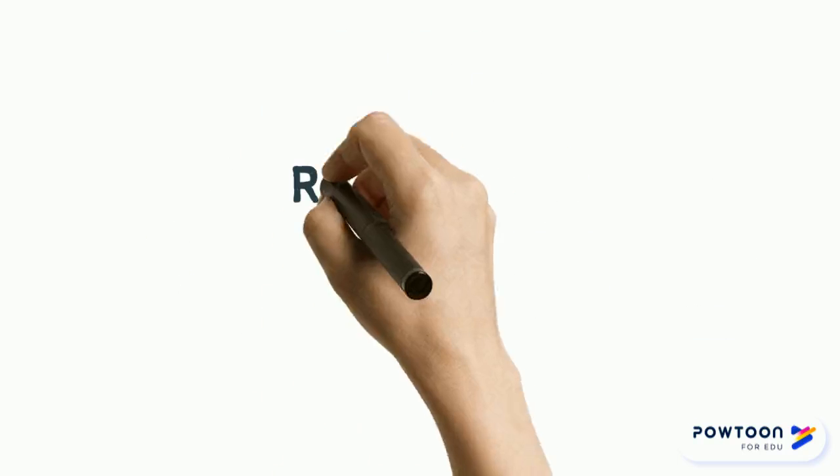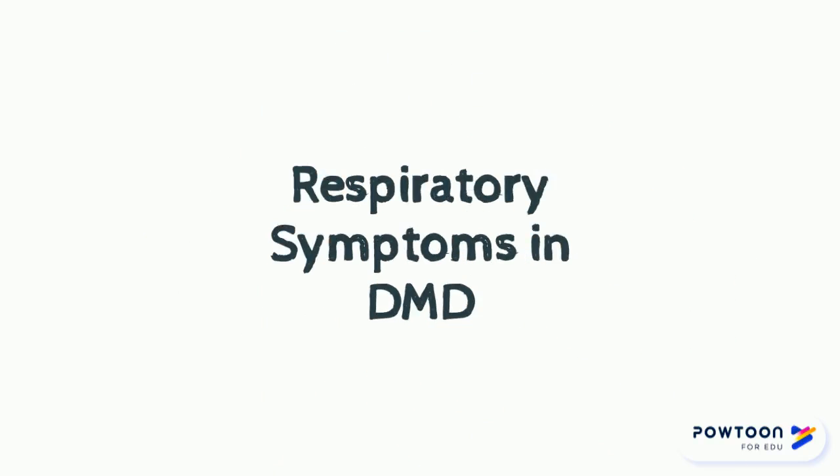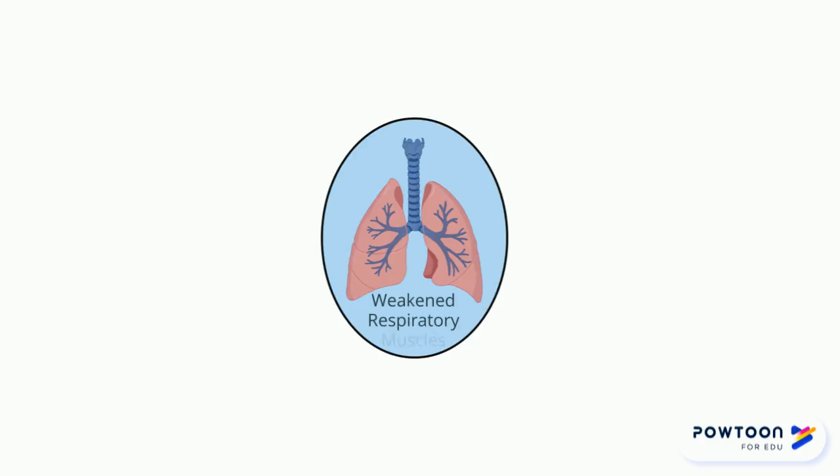So now that we've talked about how DMD affects the respiratory system, let's talk about the respiratory symptoms of DMD. Weakened respiratory muscles cause symptoms such as obstructive sleep apnea, in which the upper airway is partially obstructed and nighttime levels of oxygen and carbon dioxide are shifted away from normal.